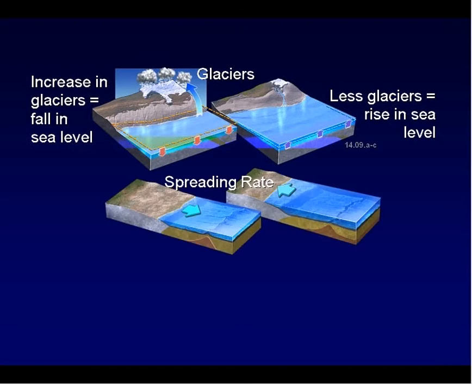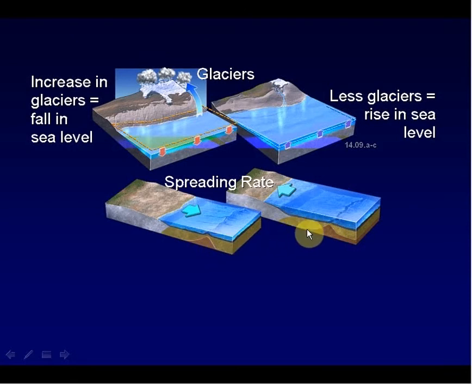The next example, which is not so intuitive, is the variation of sea level with spreading rate. If we have slower spreading rates at mid-ocean ridges, then the ridge itself is not as high, it's shallower, and it's also not as broad, and it's also cooler.